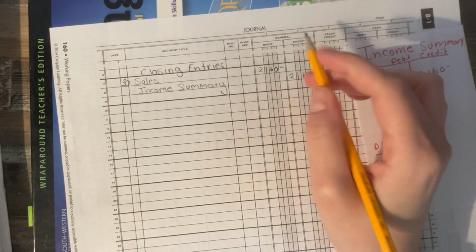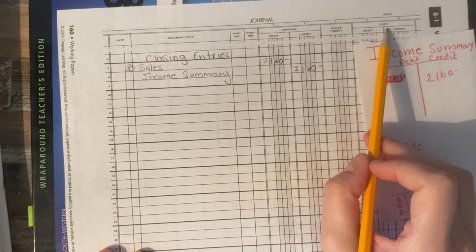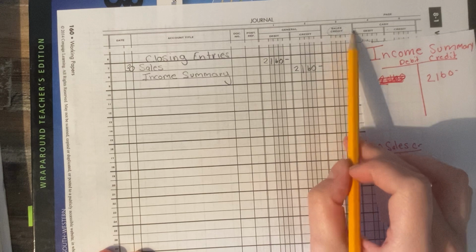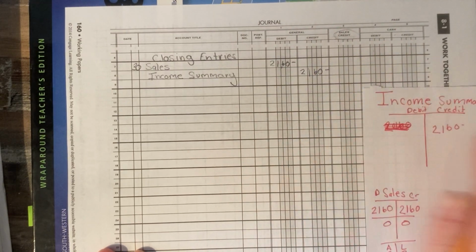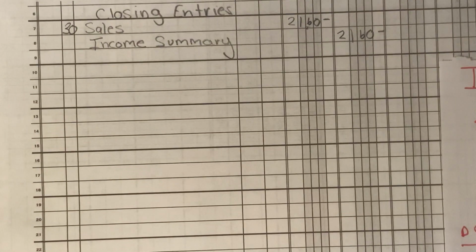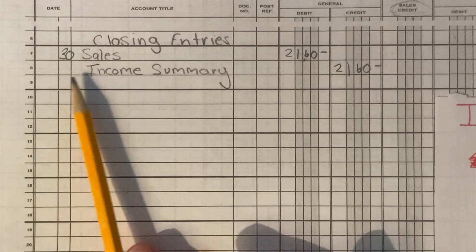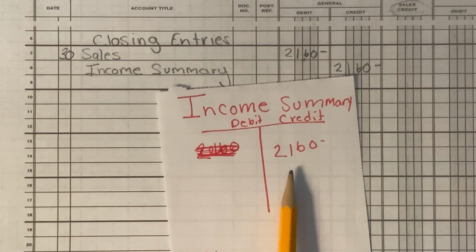This is in the general area. We're not messing with sales and we're not messing with cash because this is not a sales credit anymore, it's a debit. Same thing, nothing's happening with cash. So if you can see that, I'll zoom in a little bit more. 30 sales income summary, and we recorded exactly this.